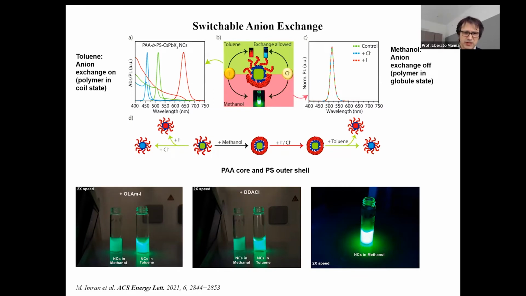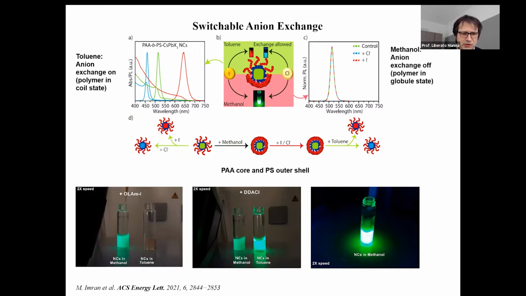So for example, in a polar solvent, the polymer is in a globule state, so the nanocrystals actually do not communicate with the external environment, and so they cannot exchange ions. So for example, you cannot do anion exchange reactions. In toluene, the polymer is in the coiled state.